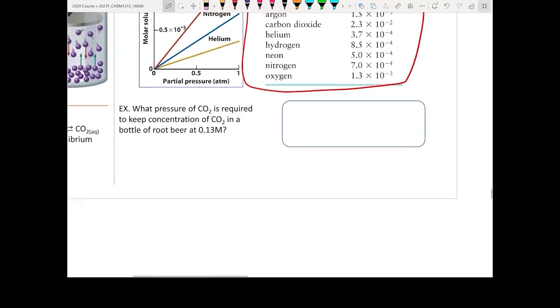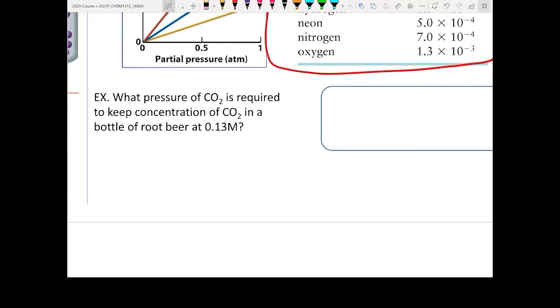And then the question you're going to encounter is like this. What pressure of CO2 is required to keep the concentration of CO2 in a bottle of root beer at 0.13 M? Apparently, this is talking about the effect of pressure on the solubility in aqueous solution.